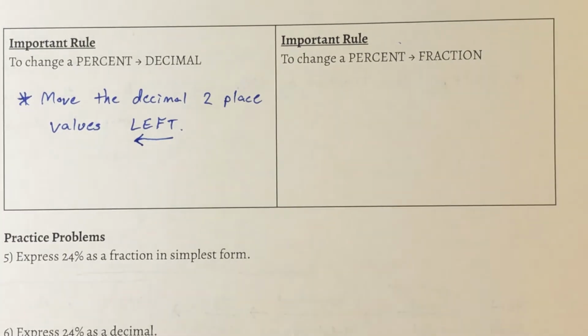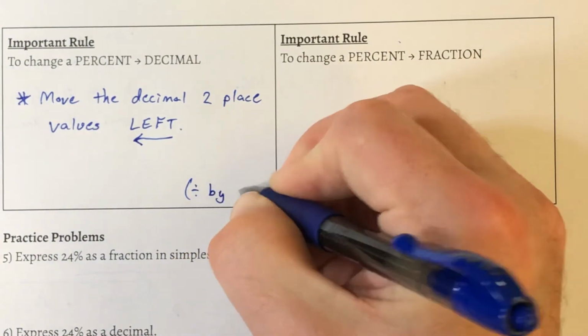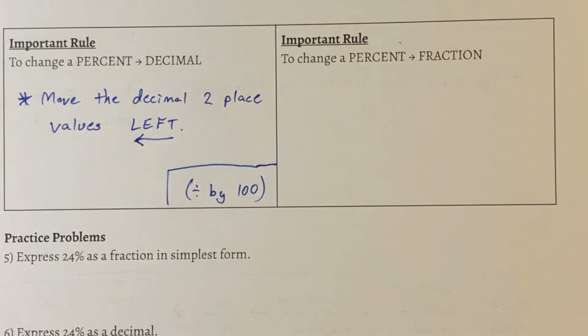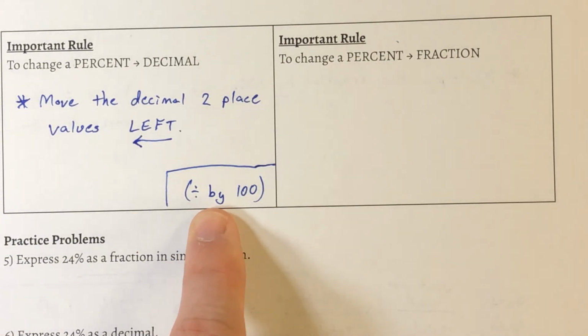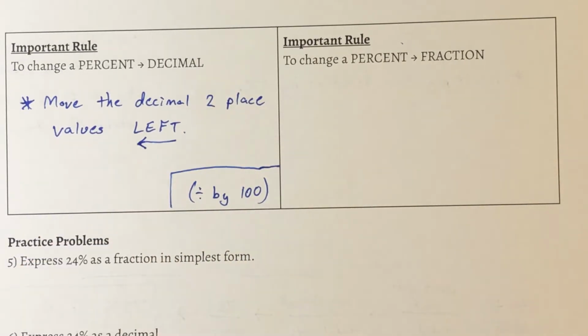Now, what does it mean to move a decimal two place values left? It means to divide by 100. So you could technically divide a number by 100 and it's going to do this right there. But why bother dividing something if you can simply move a dot?